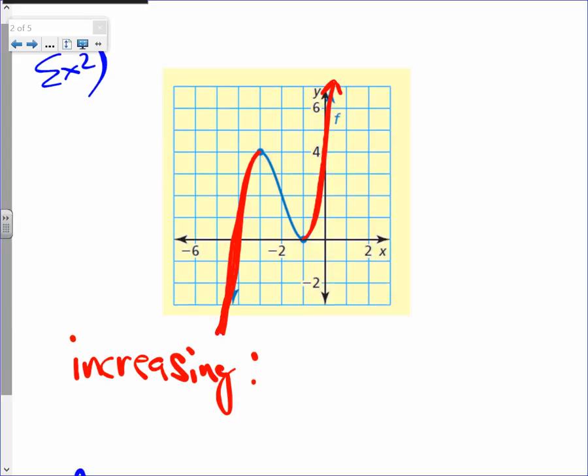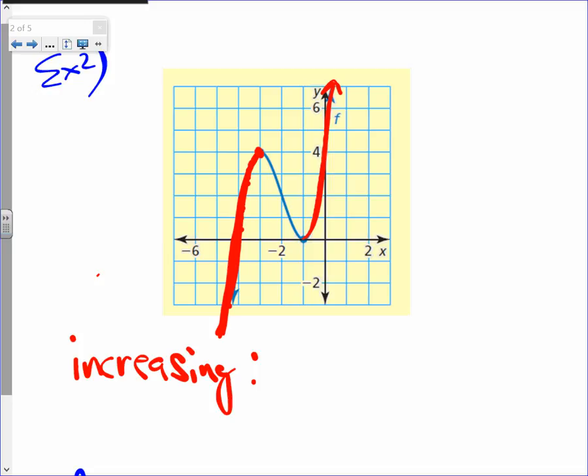So how about this? Who would like to take a stab at this? What are the x values here of all these points? Of all the infinite amount of points here. So negative infinity to the top of this peak right here. Negative 1, negative 2, negative 3. Negative 3, huh?